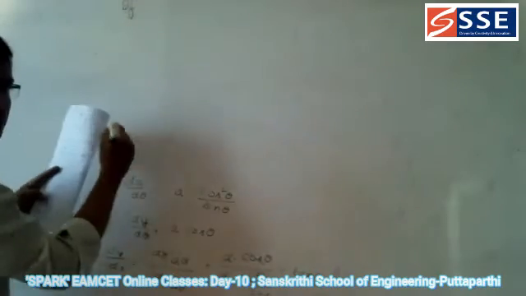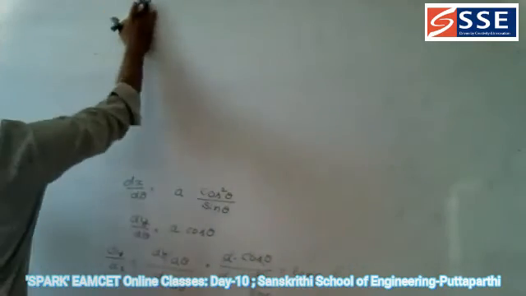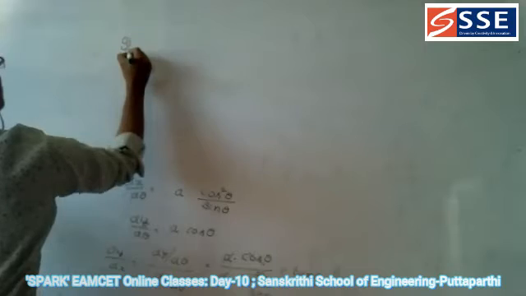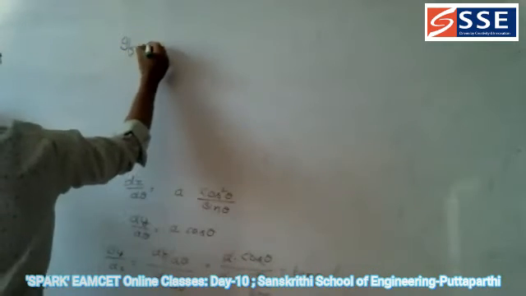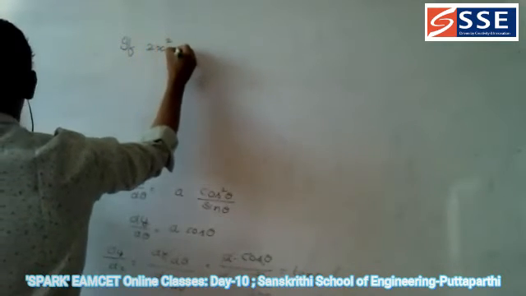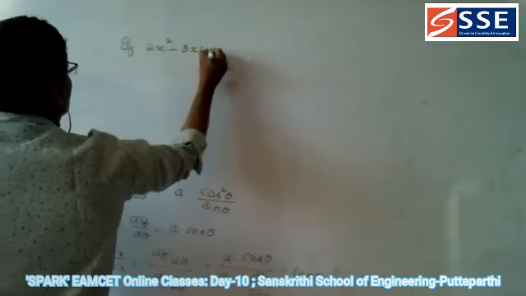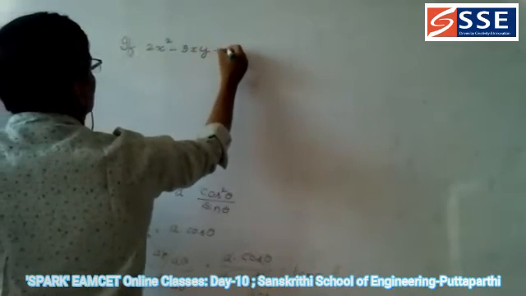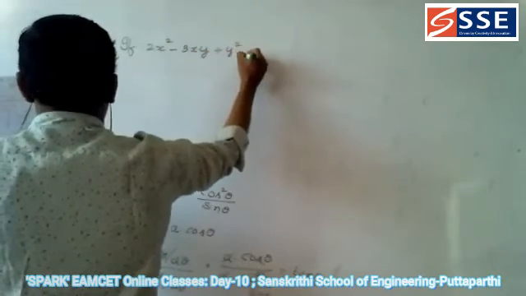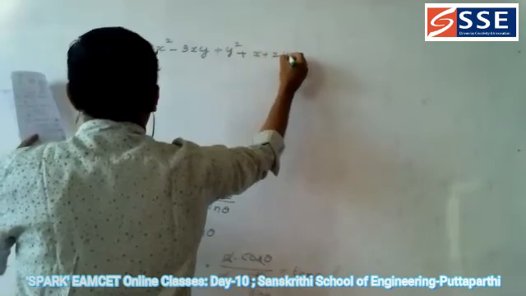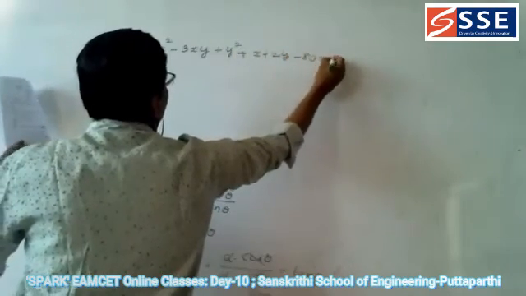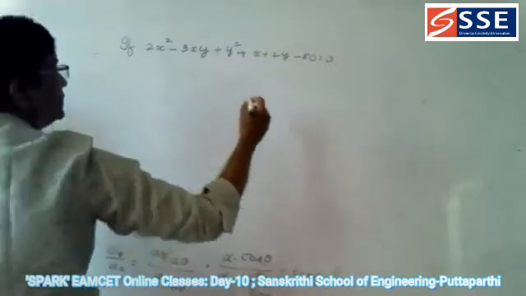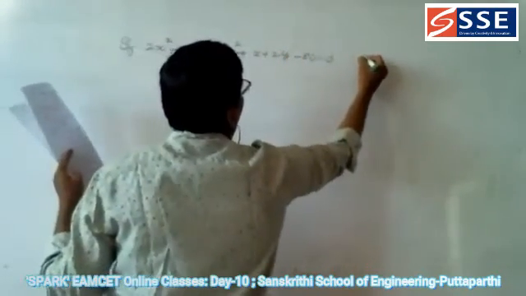If 2x square minus 3xy plus y square plus x plus 2y minus 80 is equal to 0, then find dy by dx.